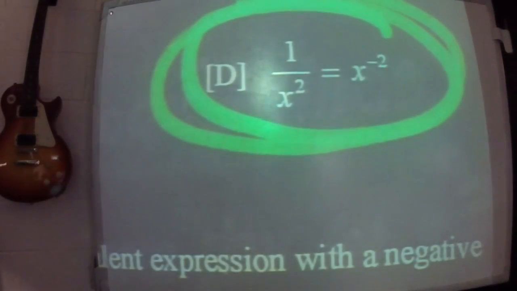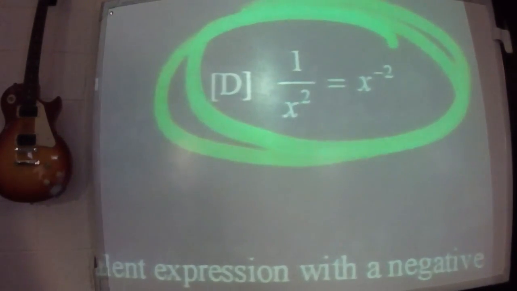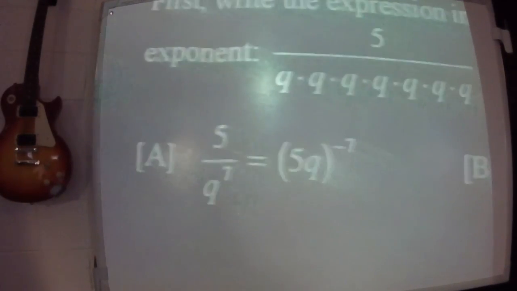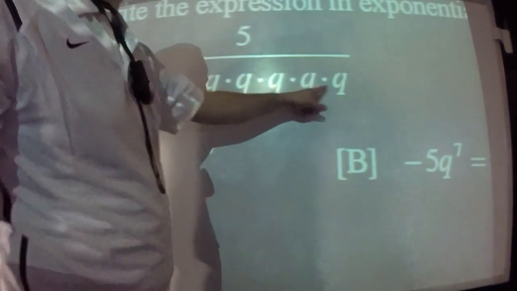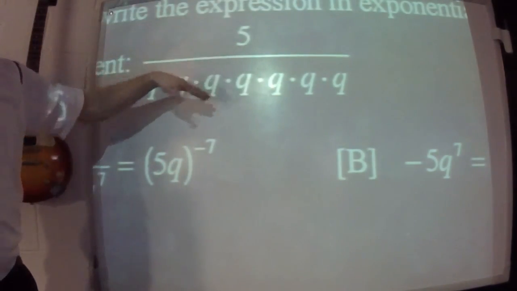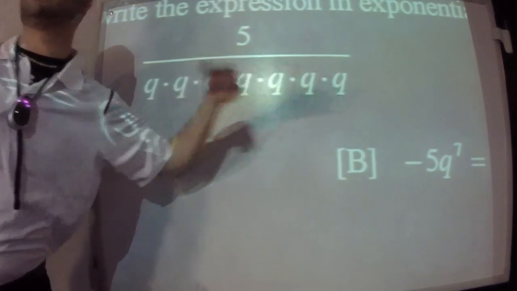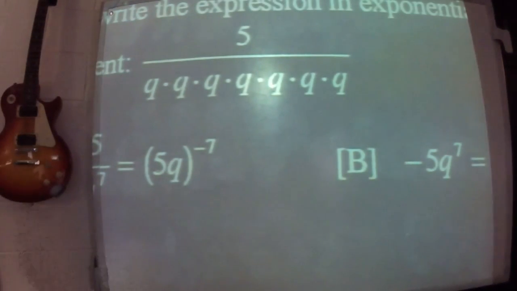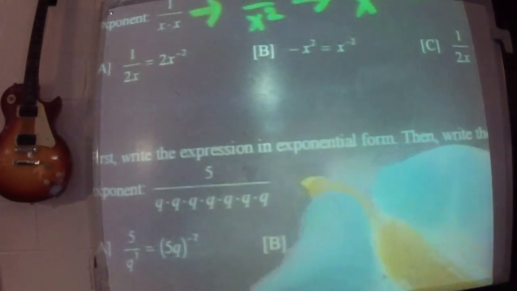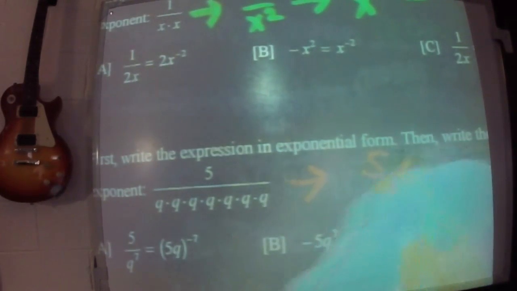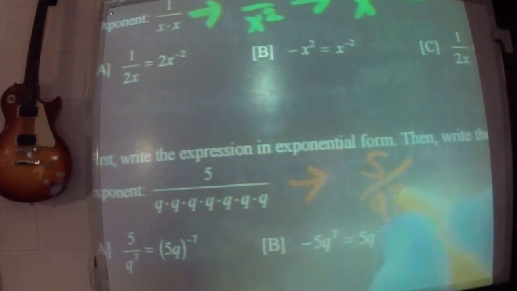Next example is the same thing, except we have a heck of a lot more q's than we have x's. I've got 5 q. That's the same as 5 over q to what power? 7. So 5 over q to the 7 is what we're looking for, and that happens in answer A, answer C, and answer D. But 5 over q to the 7 is the same as 5 over q to the 7.